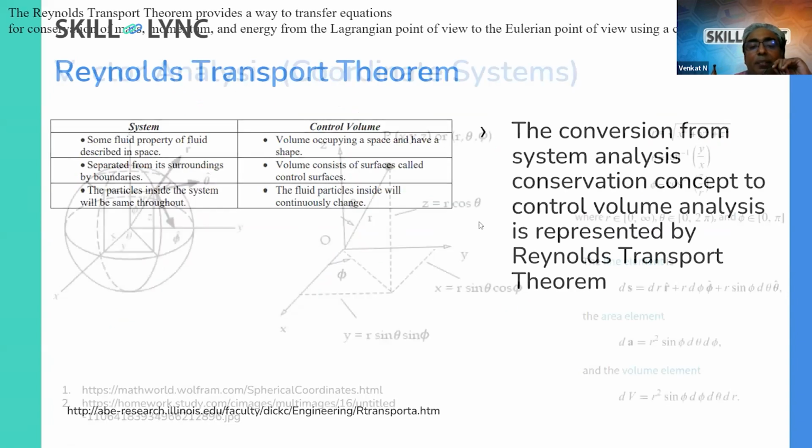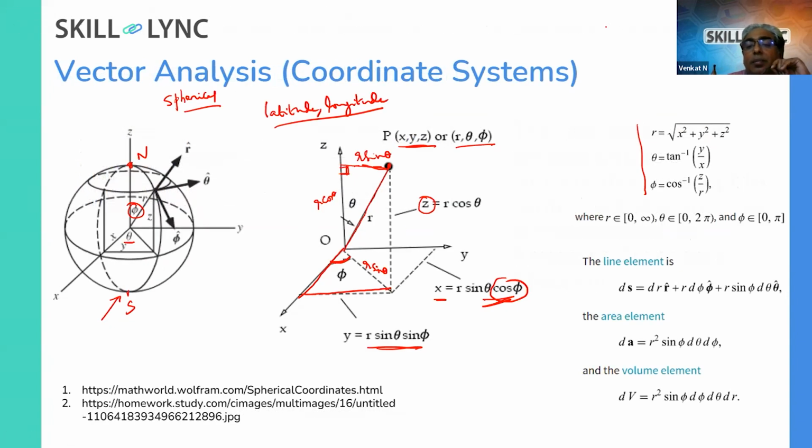So if you have a point P in the Cartesian coordinate system with x, y, and z, the distance of the point P from your origin will be root of x square plus y square plus z square. I think all of you know this. Anyway, we'll go a little bit deeper into it in the upcoming webinars. Very interesting stuff we can discuss on vector analysis itself.